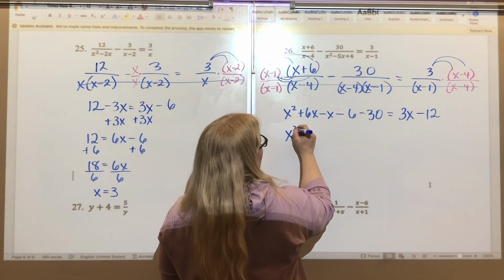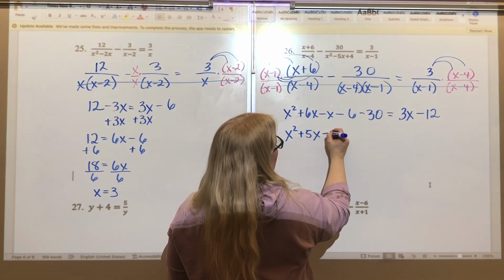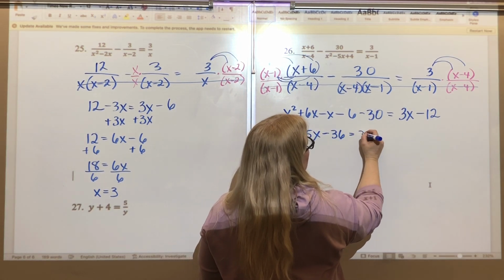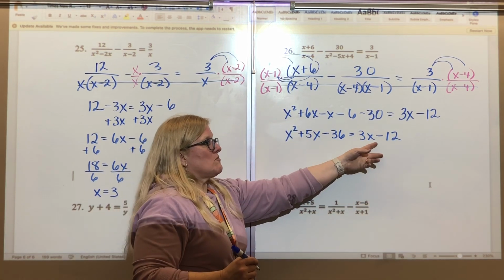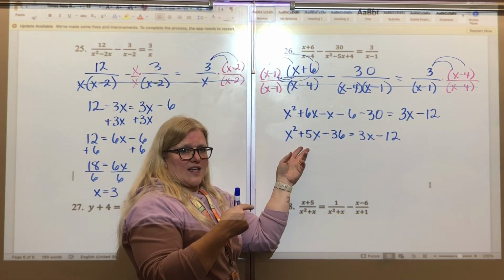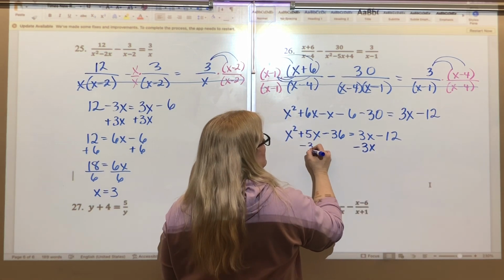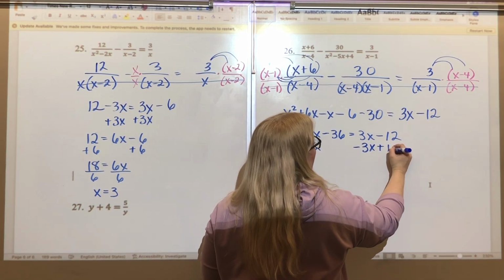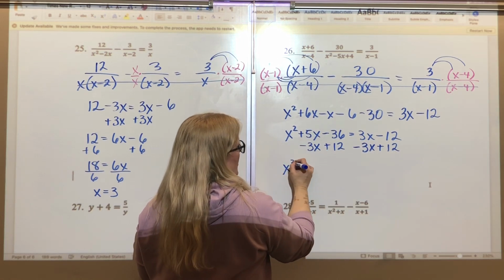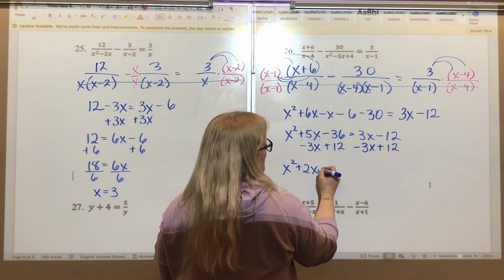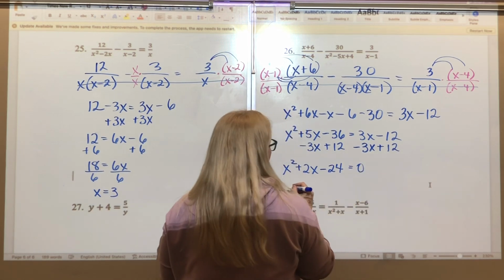So x squared plus 5x minus 36 equals 3x minus 12. This is a quadratic, so I need to move these two over and get it equal to 0. So minus 3x, add 12, x squared plus 2x minus 24 equals 0.